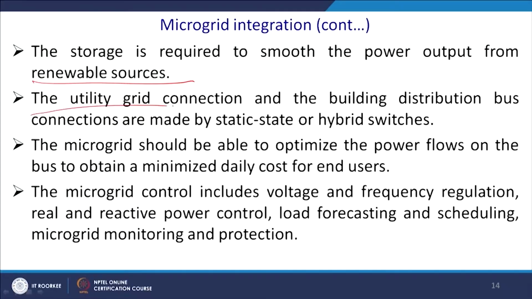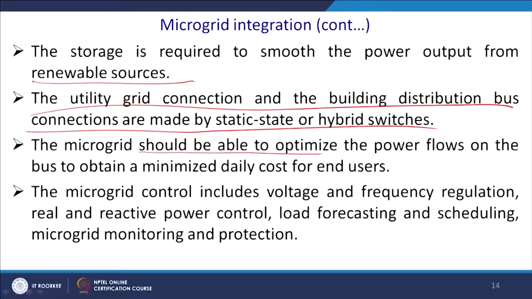The utility grid connections and the building distribution bus connections are made by solid-state or hybrid switches. The microgrid should be able to optimize the power flow on the bus to obtain a minimized daily cost for the end users. That is something we want to ensure.